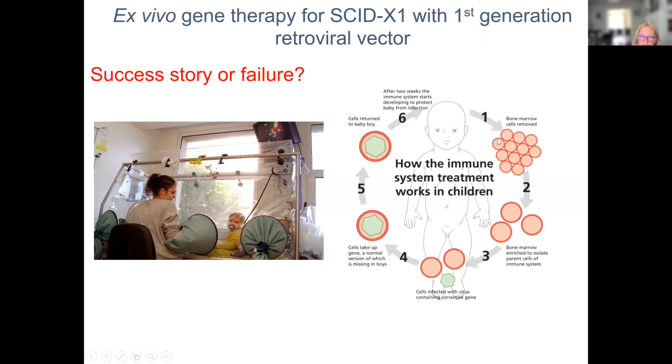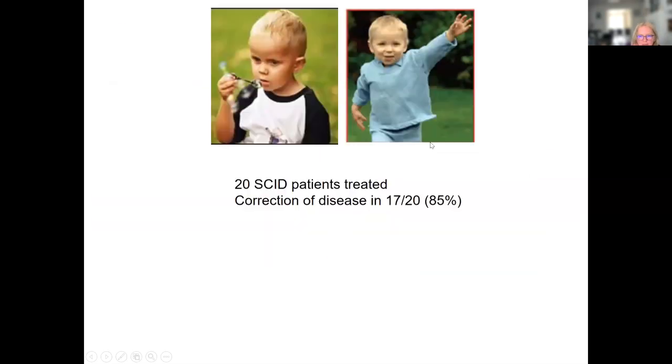So ex vivo gene therapy, again, the bone marrow was taken, modified, and retransplanted into the patients. These numbers might be slightly outdated, but if you just bear with me, 20 children with SCID, severe combined immunodeficiency, were treated, and these children would normally not have lived very long because of the lack of immune system.